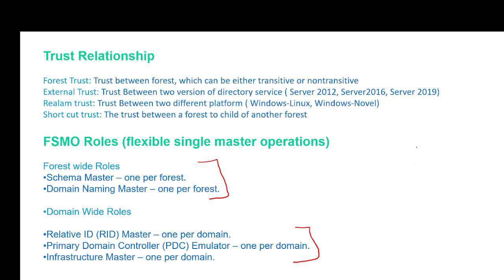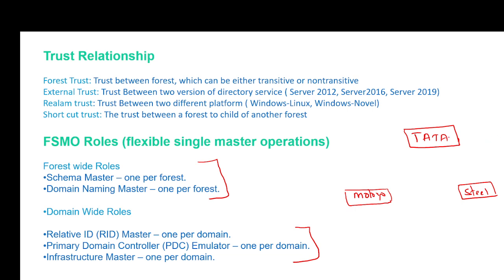Okay, say for example, when you create Tata here, Tata is a forest. Here Tata Motors. Here Tata Steel. Okay, imagine like this.